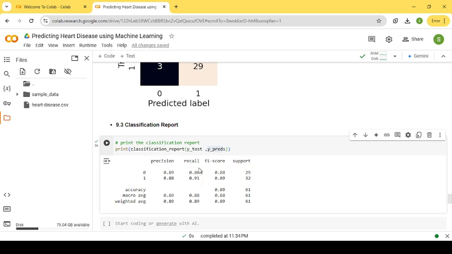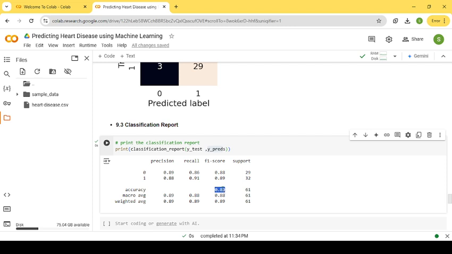Again, to go back to the F1 score, as we said, it's the harmonic mean of the precision and recall. It provides a balance between the two, especially useful when the class distribution is imbalanced. Now the accuracy, we have here around 89%.